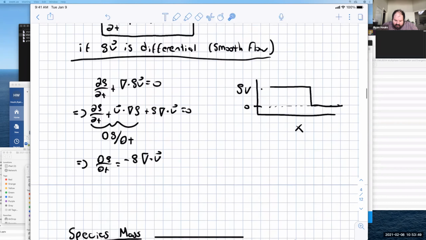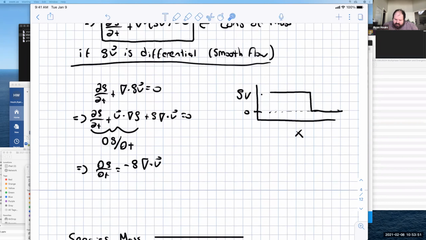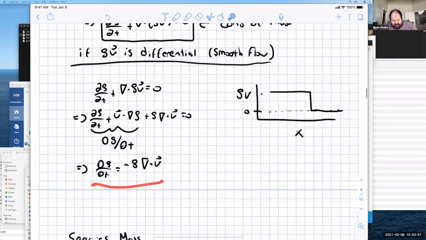Now, for smooth flows or low Mach number flows or incompressible flows, this always holds. However, if there's a shock wave, you cannot do this, because if you have a shock wave, there is a discontinuity in the quantity rho v.